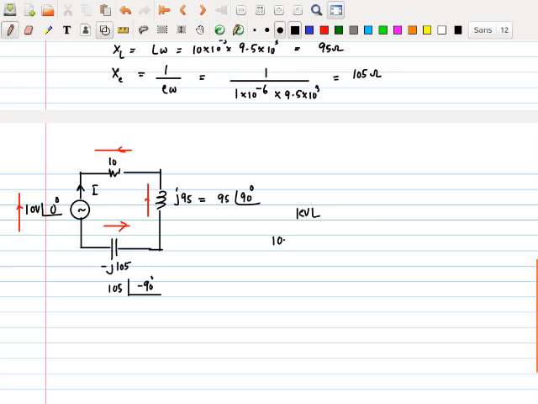So it turns out to be 10 volts at 0, and all the others are minus. So this is 10 plus J95 minus J105, and that should be equal to 0, and I is in fact that.